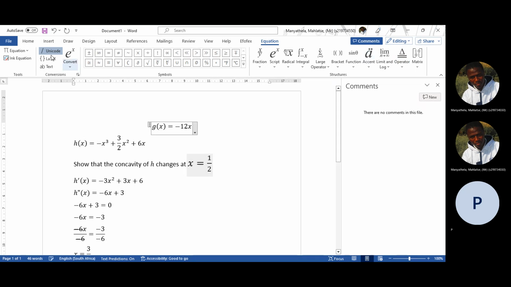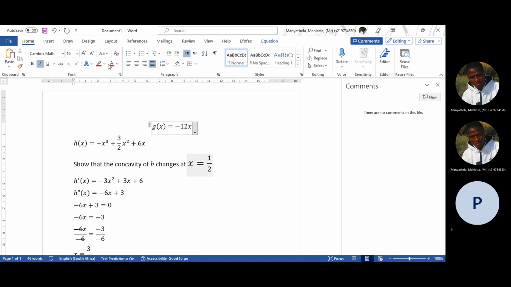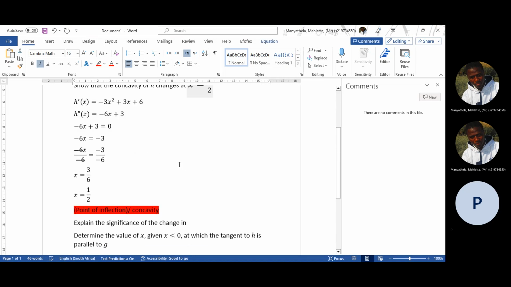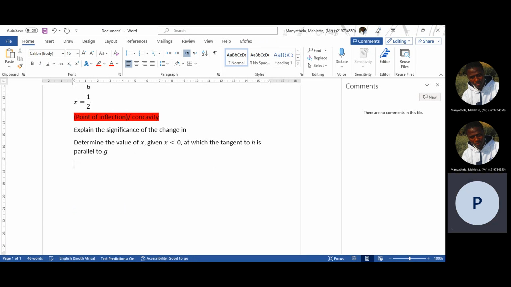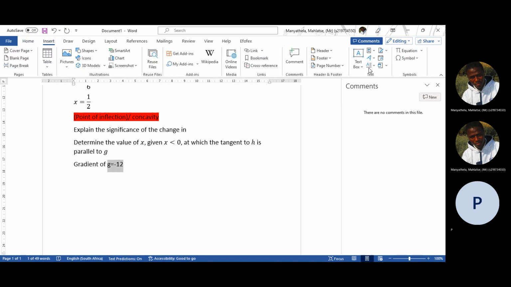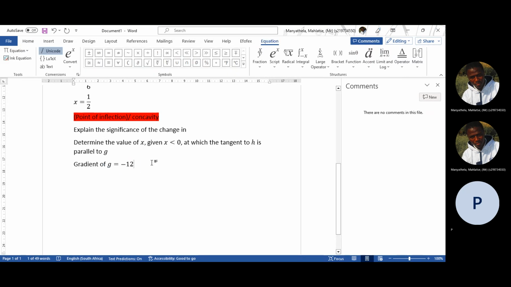It's a straight line graph, meaning that the gradient of g will be negative 12. So we know that the gradient of g is equal to negative 12.